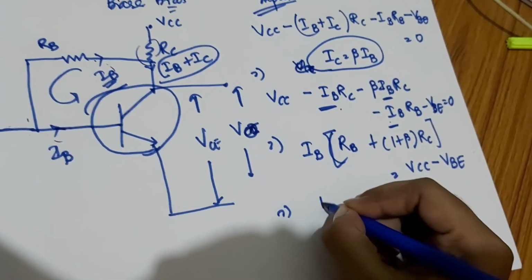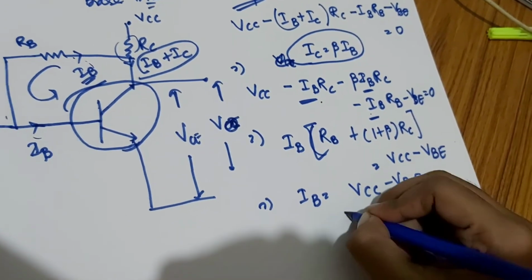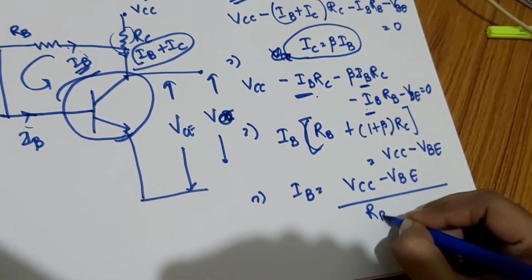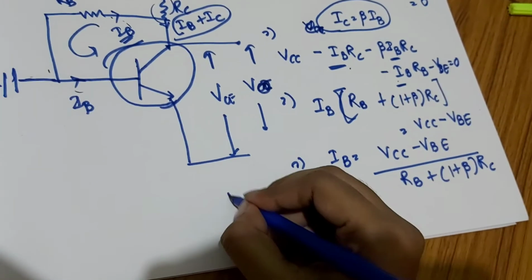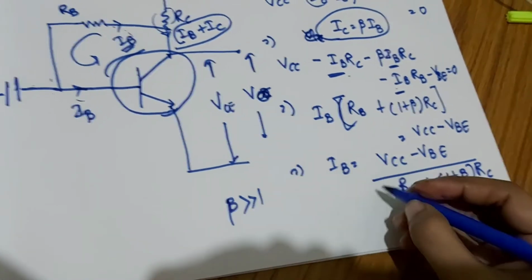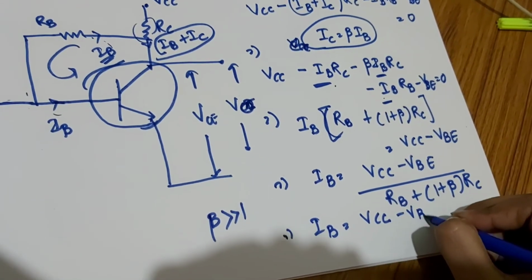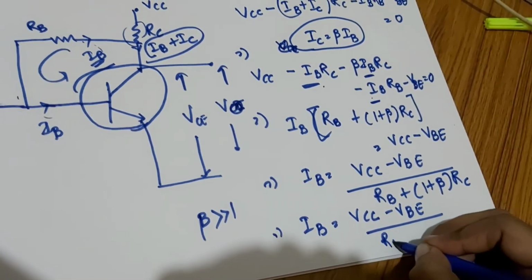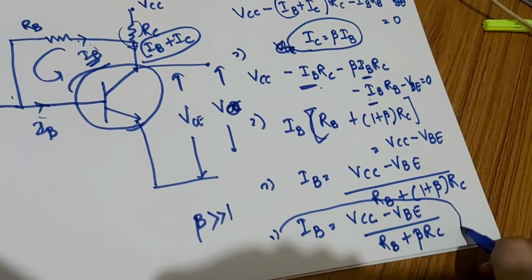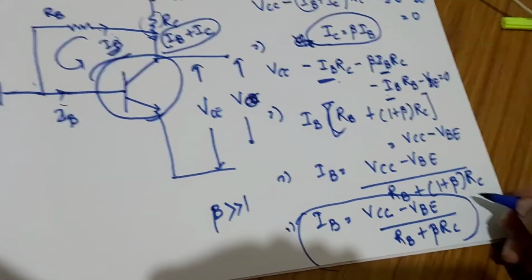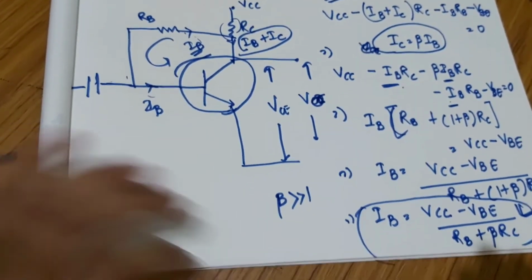So IB is equal to VCC minus VBE by RB plus (1 plus beta) RC. If beta is very much greater than 1, I can write IB equal to VCC minus VBE by RB plus beta RC. This is the formula for the feedback resistor circuit, when you use a feedback circuit.